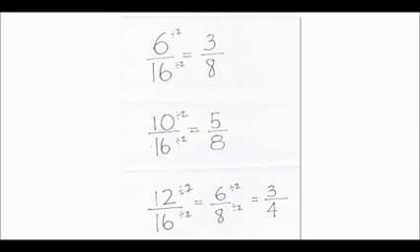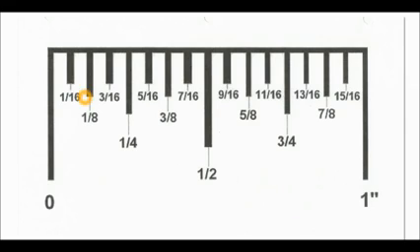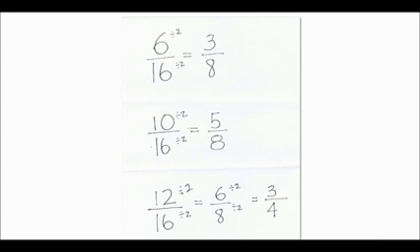That gives you 5/8. If we go back, 1, 2, 3, 4, 5, 6, 7, 8, 9, 10, the 10th line on the ruler is 5/8 of an inch. So that's all you need to remember. Whatever the number is, you just place it over 16 and reduce it to its lowest common denominator.